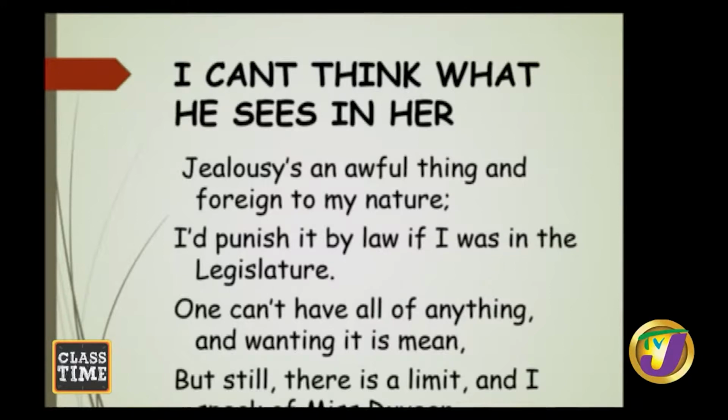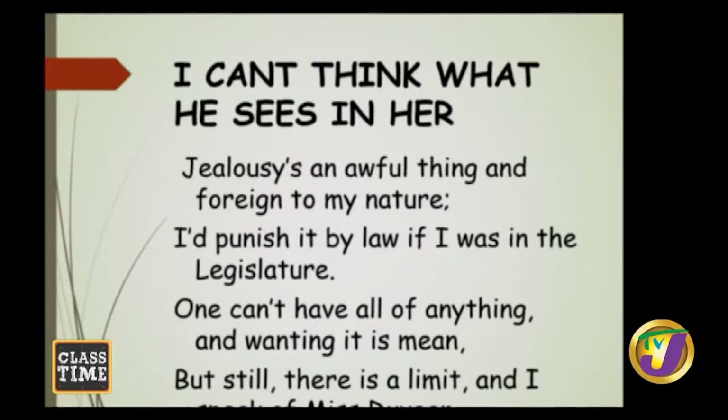All right? The second line says, I'd punish it by law if I were in the legislature. If you're going to be punishing someone, what aspect of the character could that be matched up with? It could be morals.